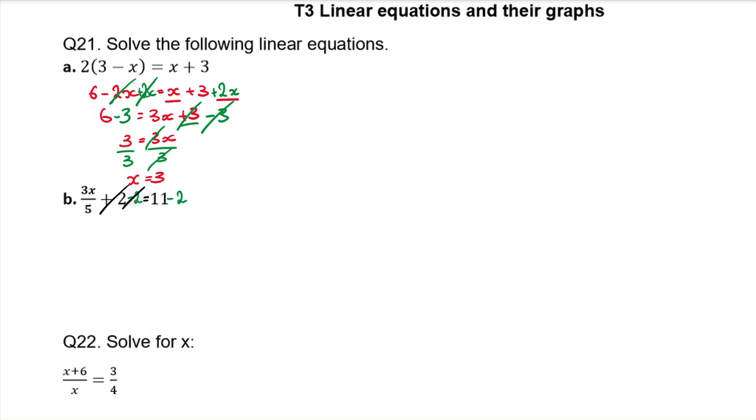What I'll be left with then is 3x over 5 is equal to 11 minus 2, which is 9. Then I want to multiply by 5 on both sides to get rid of this 5 here, and I'll have 3x equals 9 times 5, which is 45. And then I'll divide by 3 on both sides. So that's gone with that, and I have x to be equal to 15.